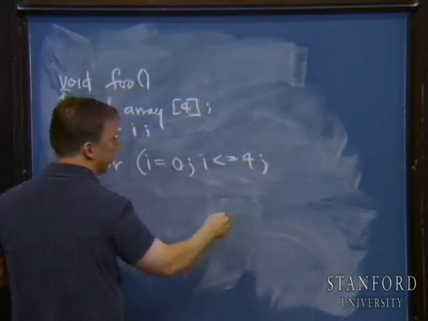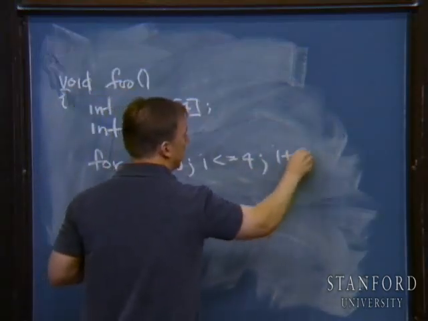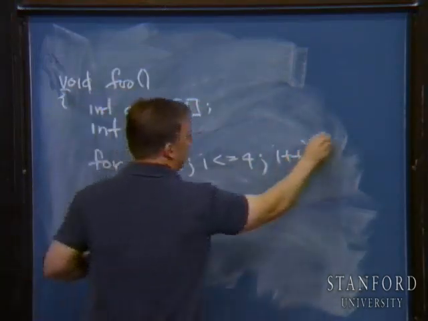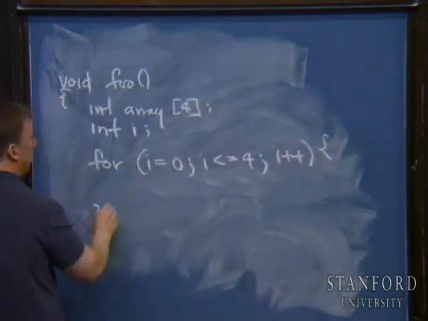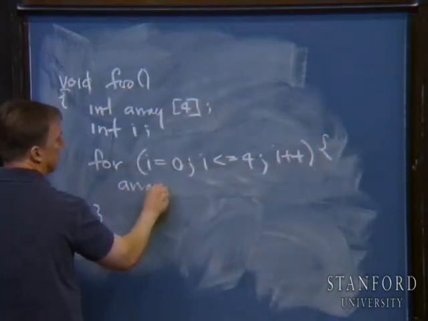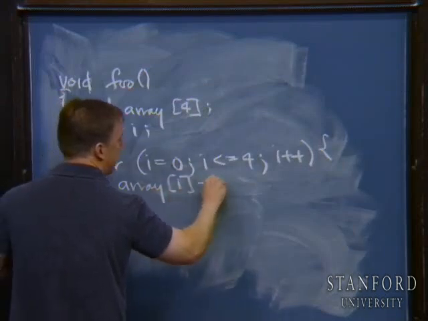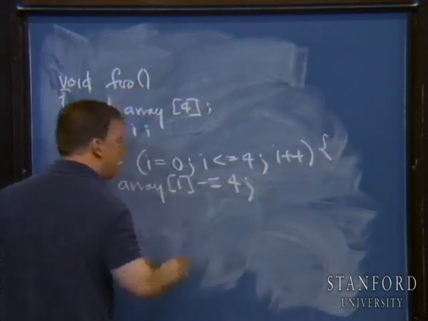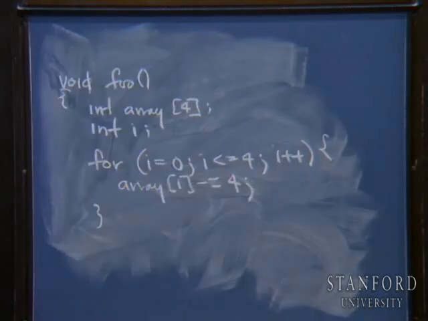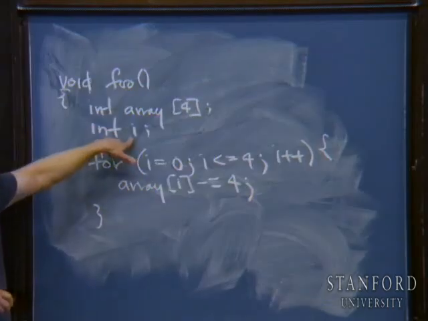The error is the same. The for loop issue is exactly the same. But I do this. And the fact that array is not initialized, well, that's a weird thing to do to an uninitialized array slot. Okay? Notice that the array is above I this time.